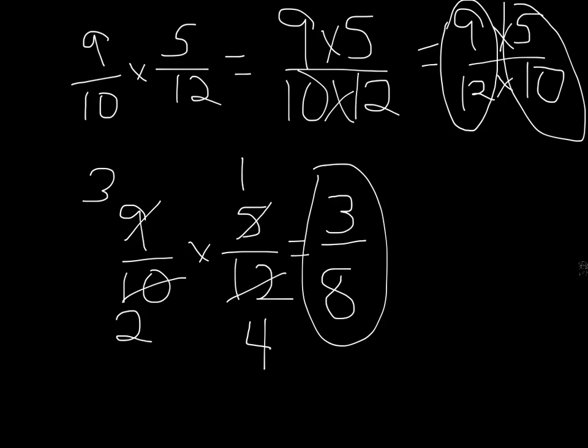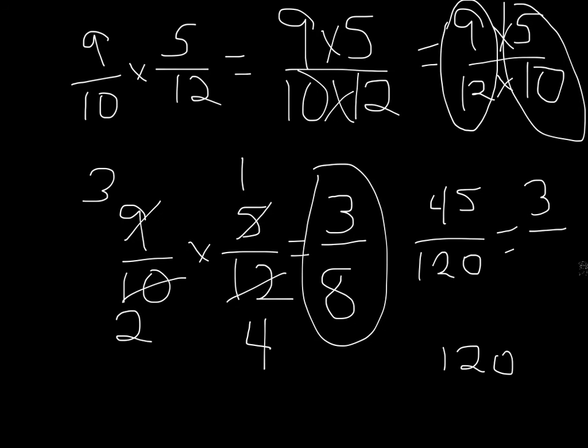Now earlier we got 45 over 120, just to show you that those are the same. Those numbers can both be divided by 15. How do I know 15? Well, we divided by 3 and by 5, and 3 times 5 is 15. 45 divided by 15 is 3. 15, 30, 45, right? 120 divided by 15, if you're not able to do that one in your head, probably a lot of you aren't, it's 8.